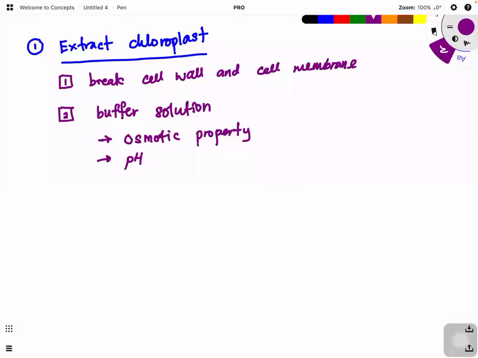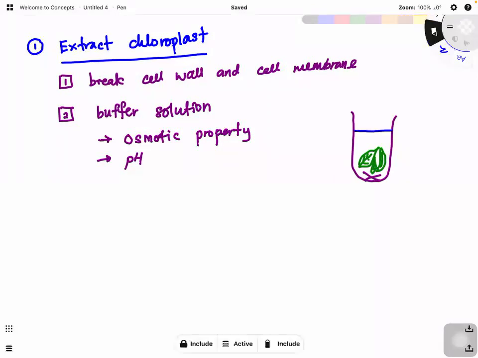Why do we need to maintain osmotic property? Because, chloroplast, try to imagine if we put it in the buffer solution. For example, this is our blender. We put in the leaf, then we put in this osmotic buffer solution, not so high.